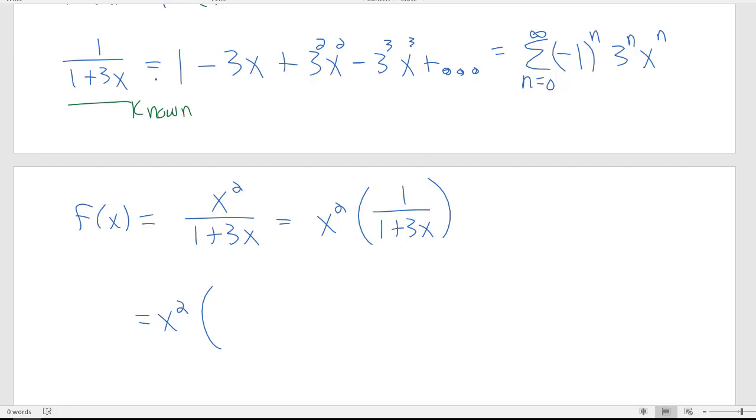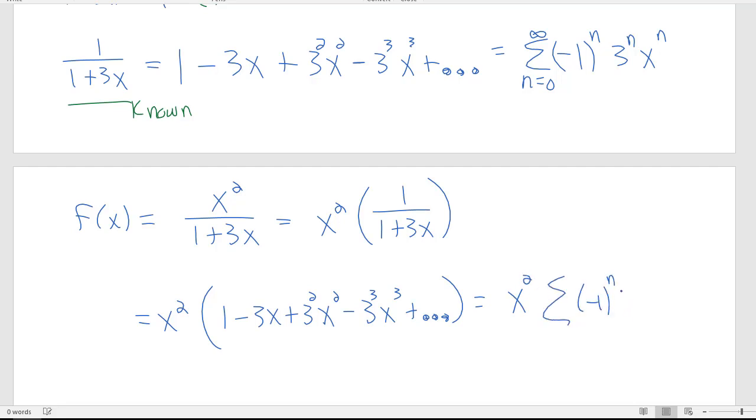Well, we have that up here. We wrote that out. That was 1 minus 3x plus 3 squared x squared minus 3 cubed x cubed, and so on and so forth. So that really is equal to x squared times our sum of negative 1 to the n, 3 to the n, x to the n with our sigma notation.